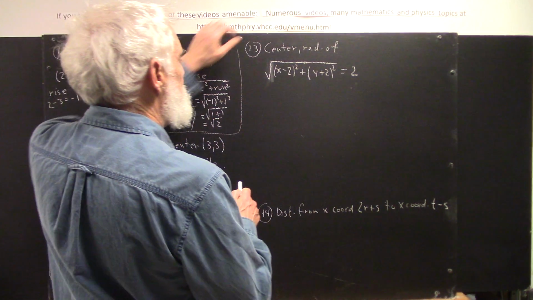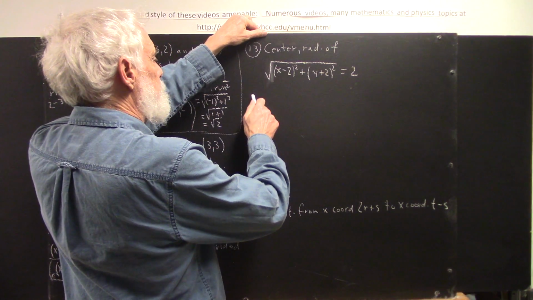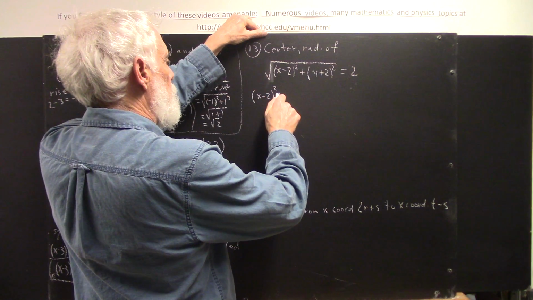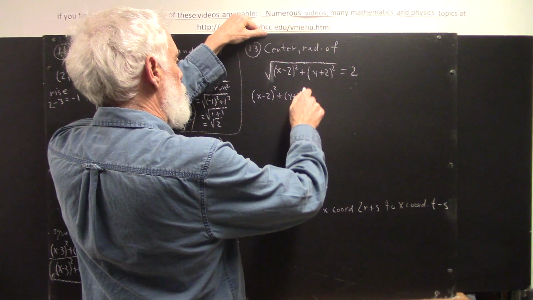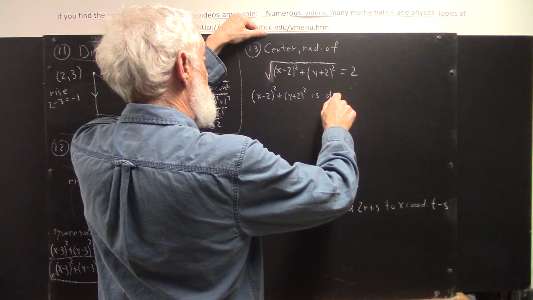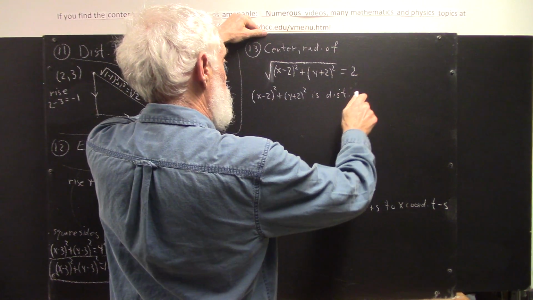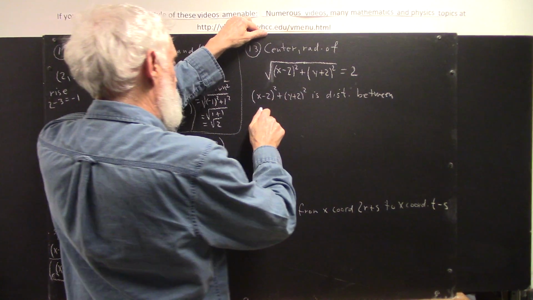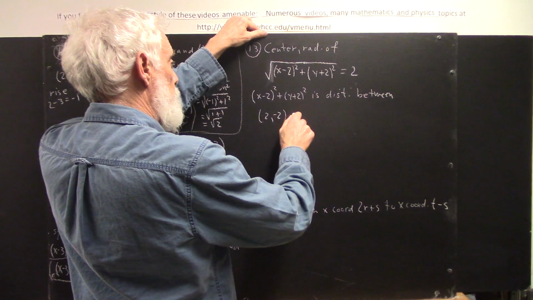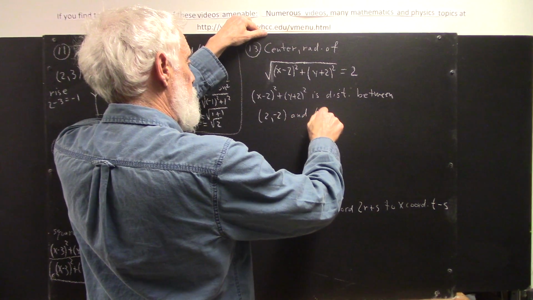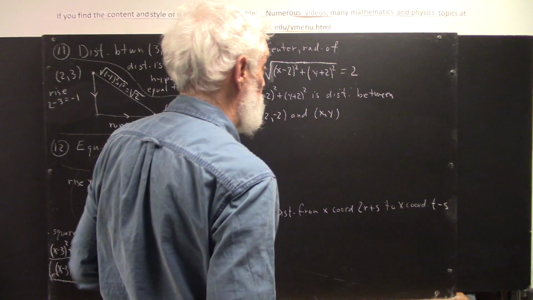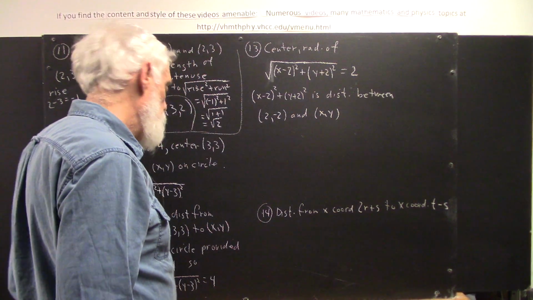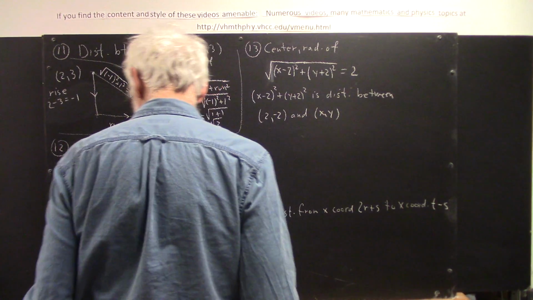Well, I'll just say that the square root of x minus 2 squared plus y plus 2 squared is the distance between the point 2, negative 2 and x, y. Okay? And that distance is supposed to be 2.